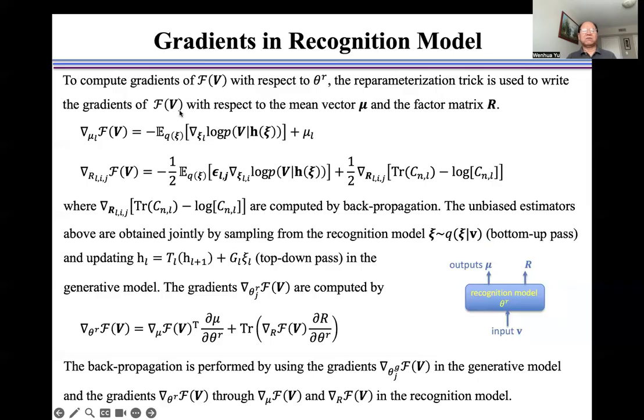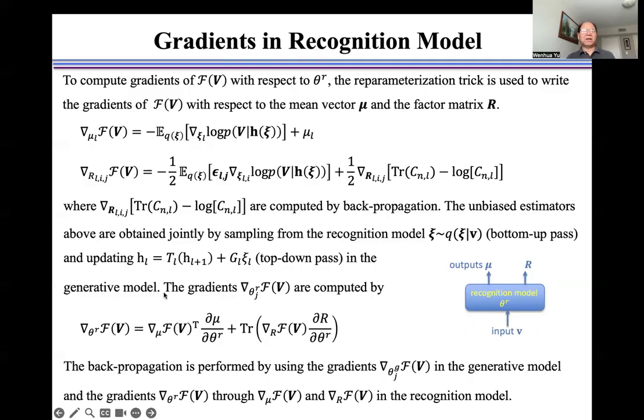To compute the gradients of F with respect to θ_R, the reparameterization trick is used to write the gradients of F with respect to the mean vector μ and the factor matrix R, as shown here, where these terms are computed by backpropagation. The unbiased estimators above are obtained jointly by sampling from the recognition model and updating h in the generative model.